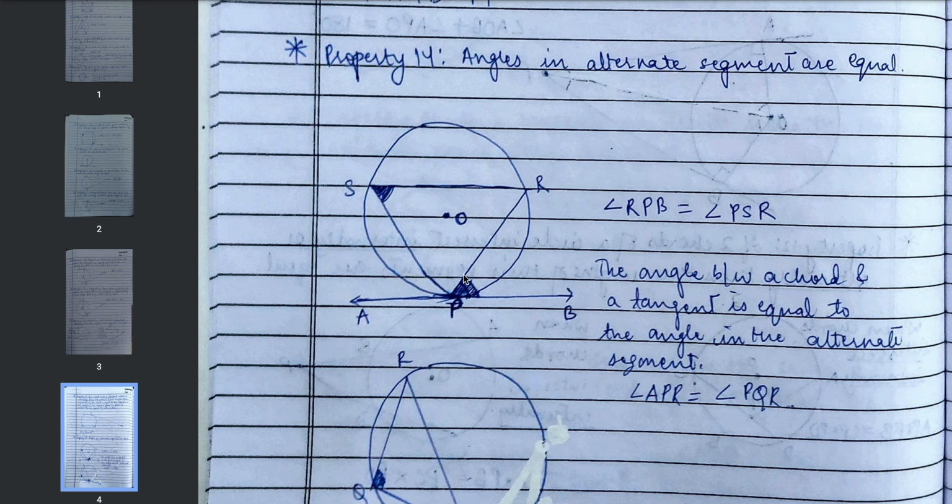Here is a trick to understand this: wherever the line is making an angle, and you need to find the angle in its alternate segment, there is a line here, so the angle in front of this line will be your angle in the alternate segment.